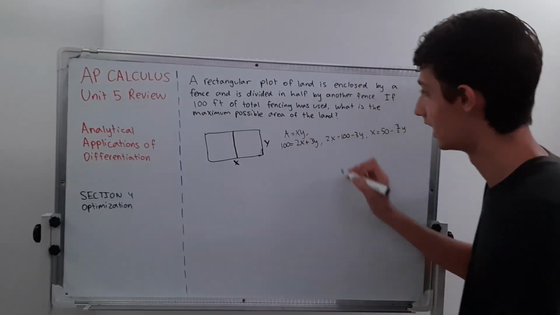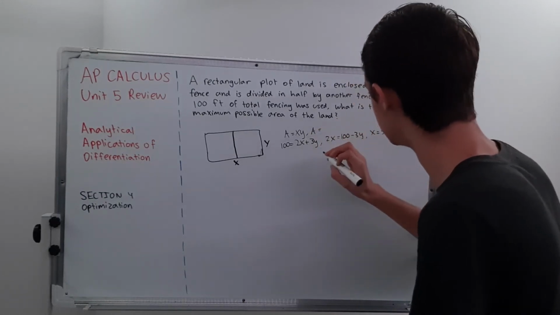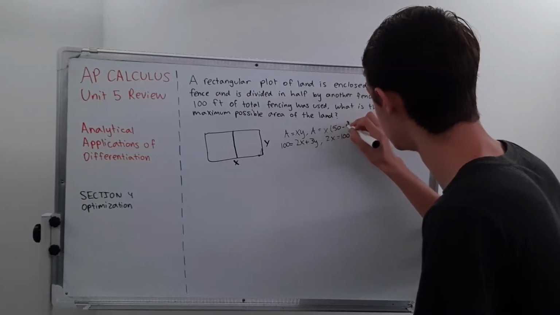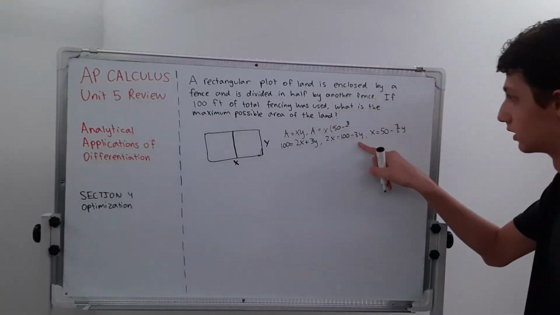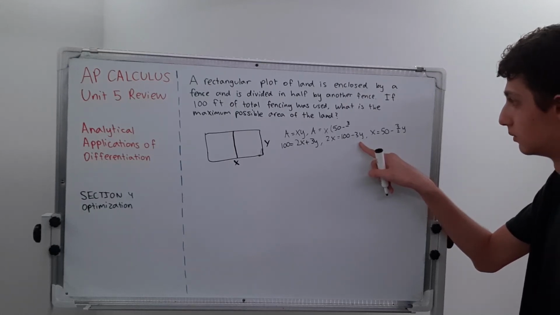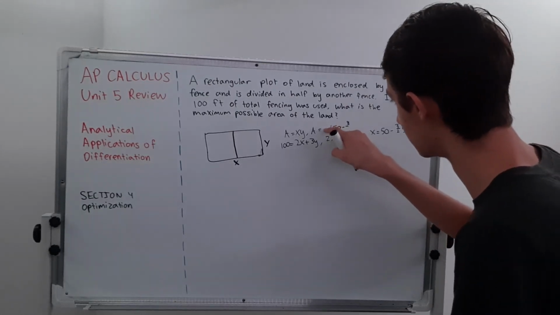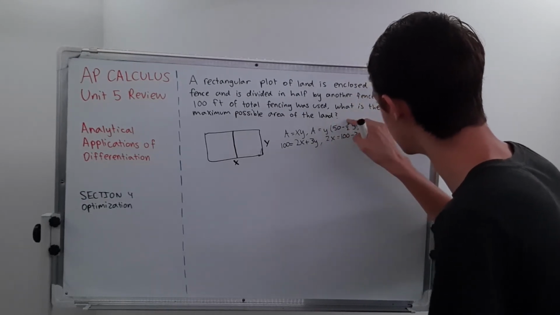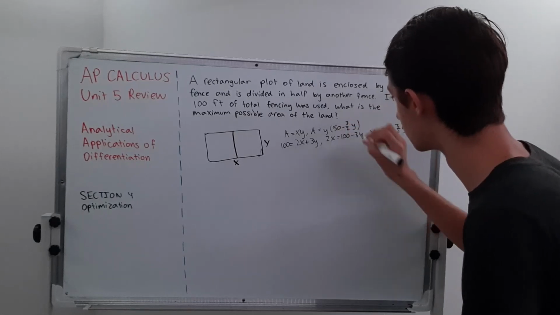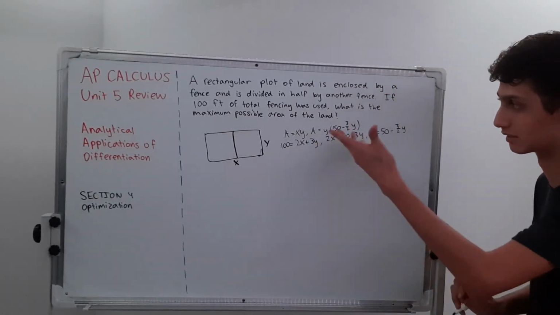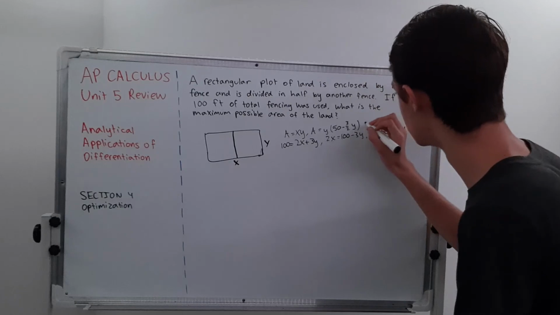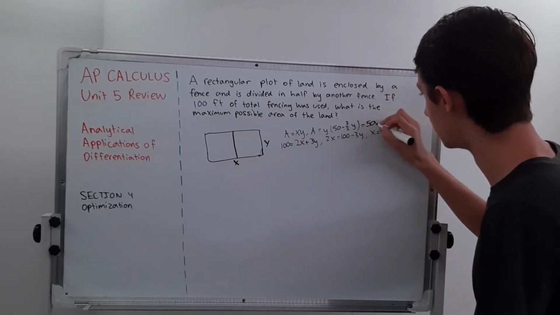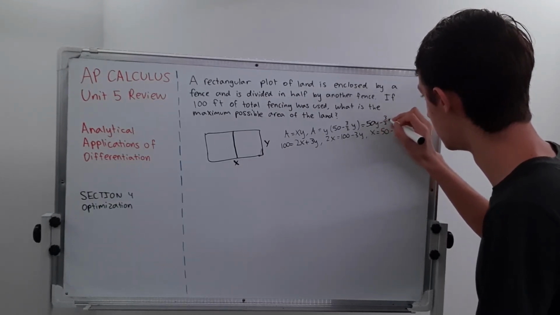So area is equal to y times 50 minus 3 halves y. We're just substituting and then multiplying. We can distribute this as 50y minus 3 halves y squared.